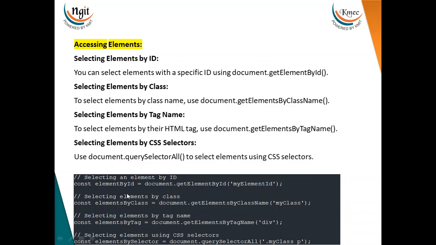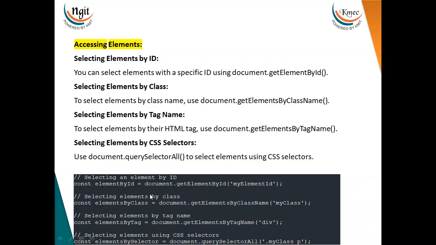First, by id: const element by id equals document.getElementById, and you write your element id. We can select elements with their specific id by using document.getElementById.